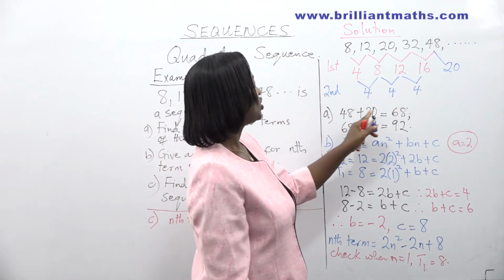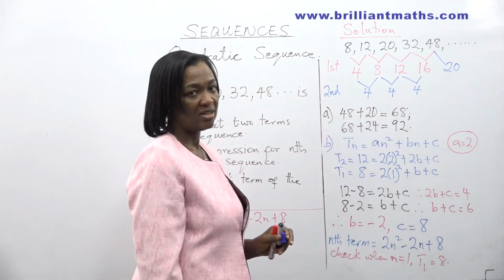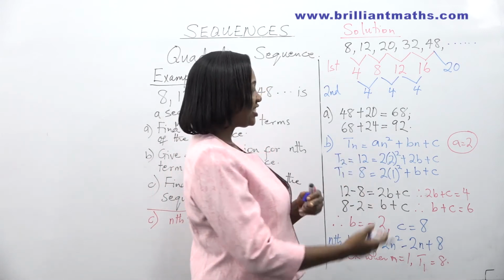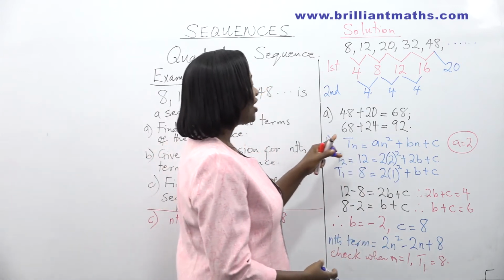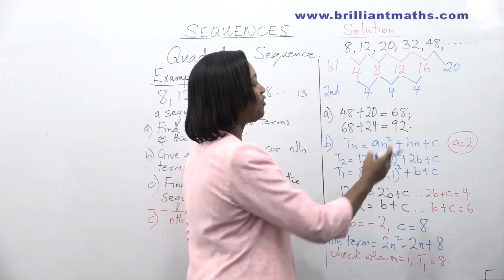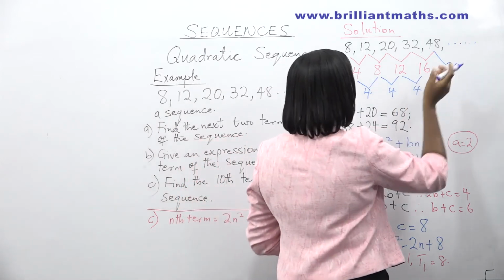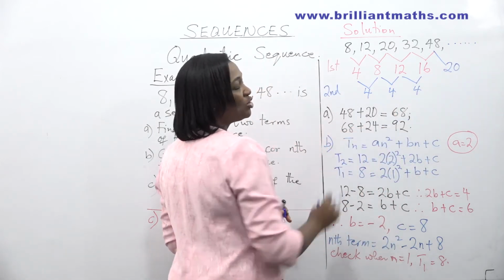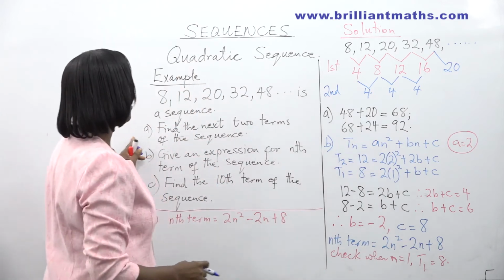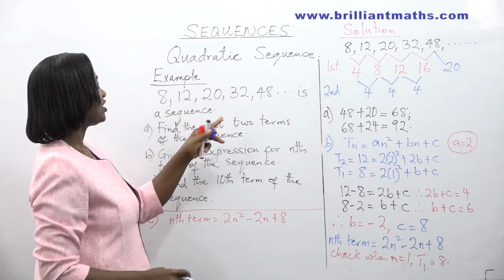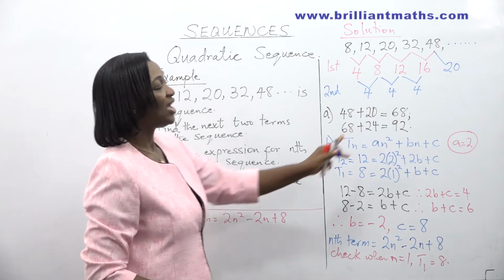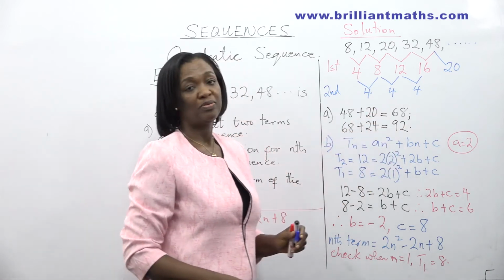So 48 plus 20 is equal to 68. To get the next term after 68, you add 24, because the difference will now be 24. So we add 24 to 68 to get 92. So we have answered the first question, which says find the next two terms. The next two terms are 68 and 92.